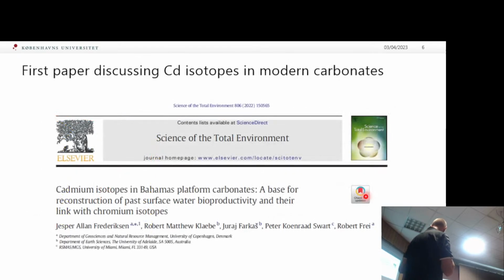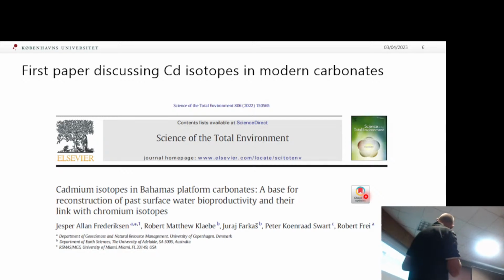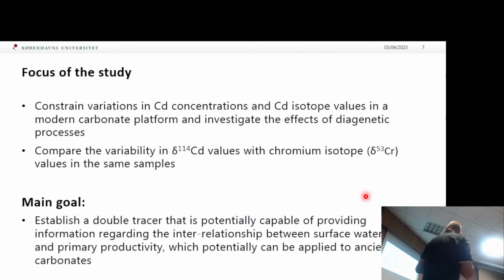This is the first paper from my PhD, cadmium isotopes in Bahamas platform carbonates, a base for reconstruction of past surface water bioproductivity and their link with chromium isotopes. The focus of that study was to constrain variations in cadmium concentration and cadmium isotope values in modern carbonate platform and investigate the effect of diagenetic processes.